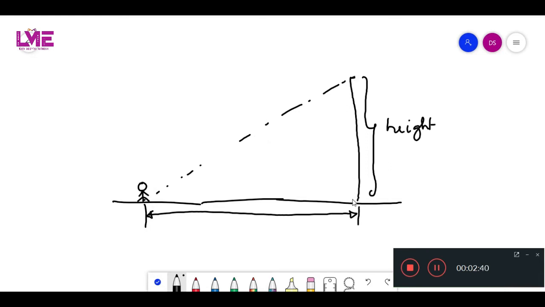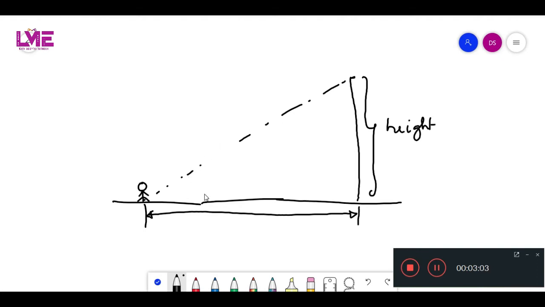So if suppose we take the triangle formed here as a right angle triangle, this is a right angle triangle because the angle formed here will be 90 degree. So this can be imagined as a right angle triangle, and this is the hypotenuse of the right angle triangle.